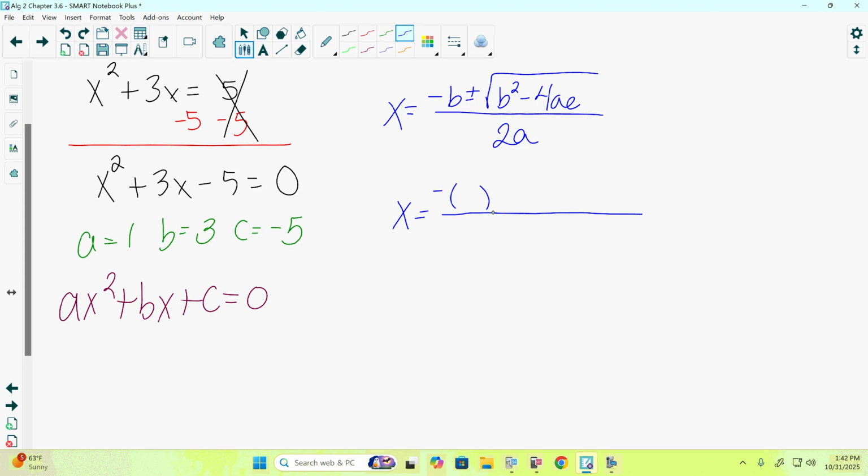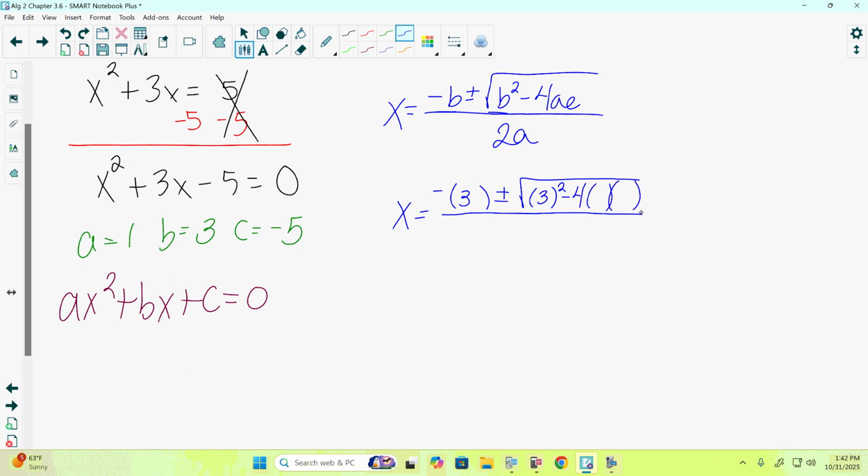Now, once we have these values, we're going to go in and plug them in. So the first part we have here is the negative b. So we all have our negative, and then we're going to replace b with 3, because that's its value. Then we're going to move inside the radical, and our first term is b squared. So for us here, we're going to have 3 squared minus 4 times a.